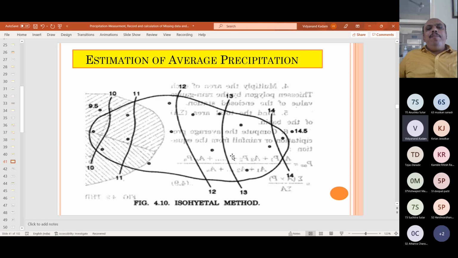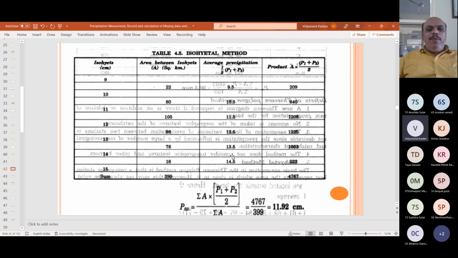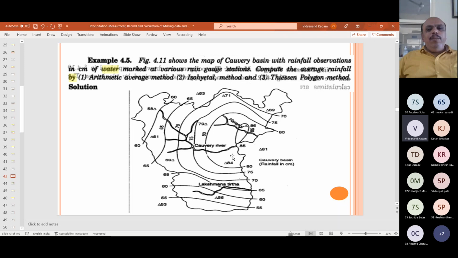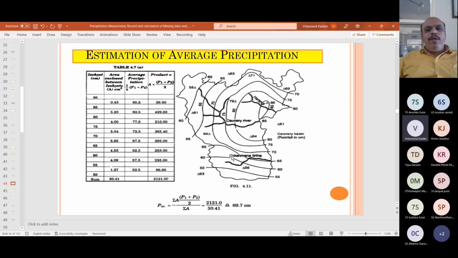Now, if this map is available, then with the help of this formula, that is summation of A into (P1 plus P2) upon 2, upon summation A, we can find out P average. So this isohyetal method considers the topographical effect of the area due to which the rainfall is either less or more. Based on that, again, we have solved problems, and these are some problems. We have solved one problem, and this is one more problem given in the book.